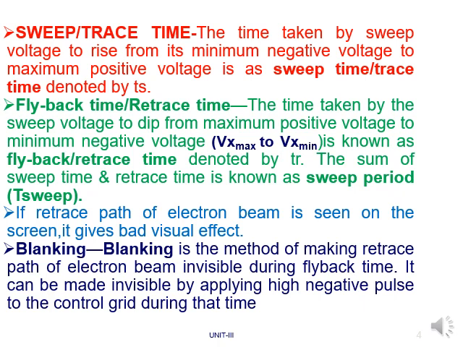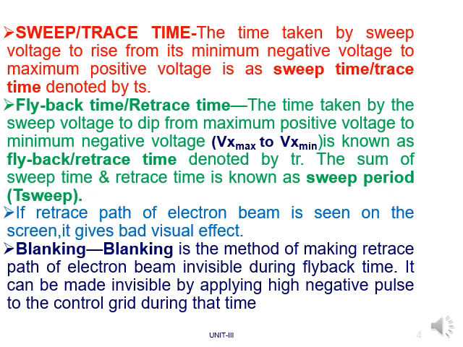Now, I have just shown you in the figure the shape of this sweep voltage and what is trace time and retrace time. So the time taken by the sweep voltage to rise from its minimum negative voltage to maximum positive voltage, that is from 1 to 5, is known as sweep time or trace time, and it is denoted by Ts.